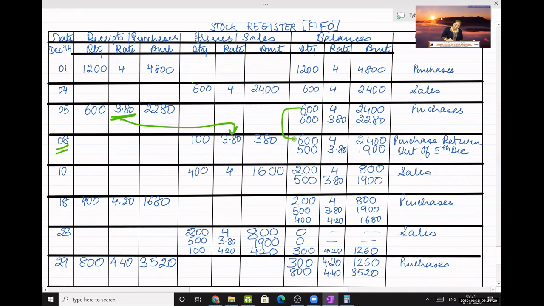600. This one stays on top because it was first. And the stock that has gone is from this 3.8 lot. So 600 minus 100 is how much? 500.